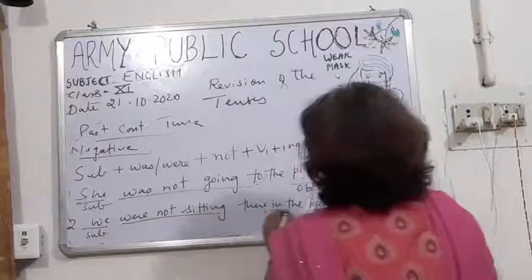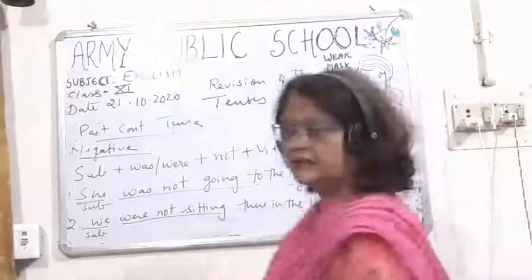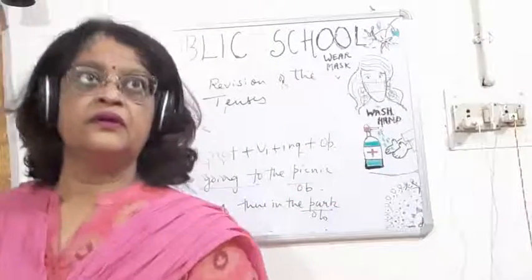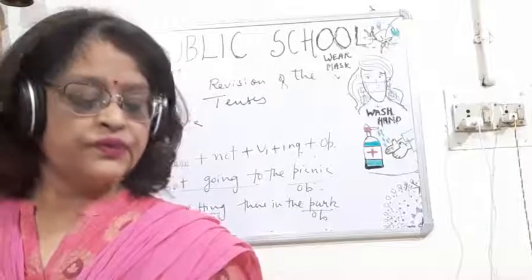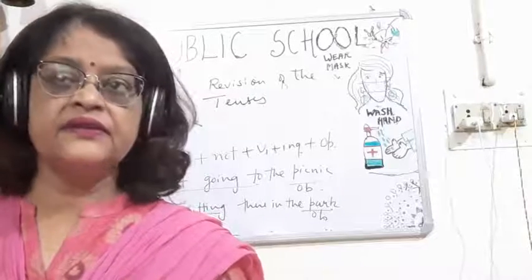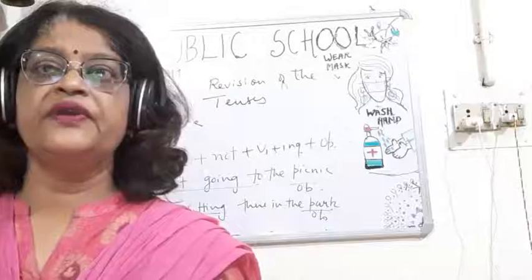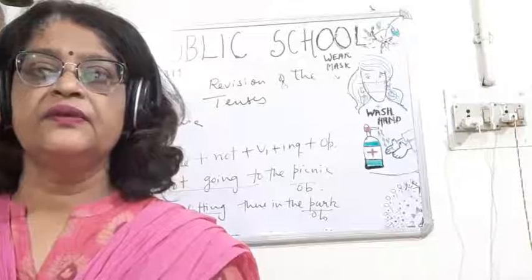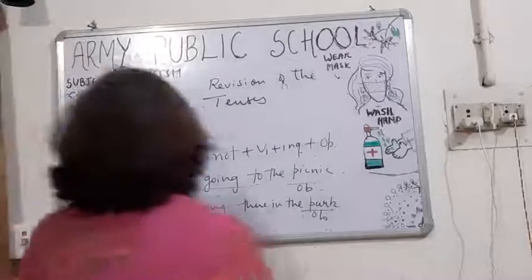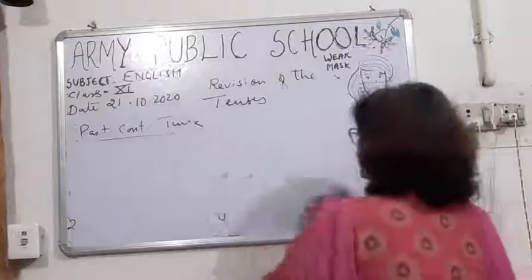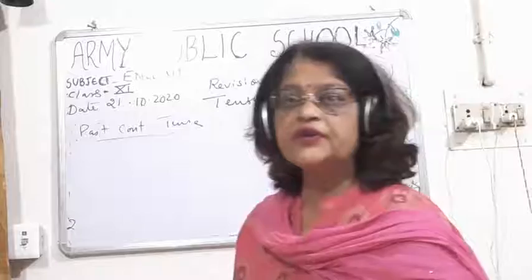Were not sitting in the park. So you can see I have written the examples of the negative sentences also. So now children I will be telling you about the interrogative sentence.